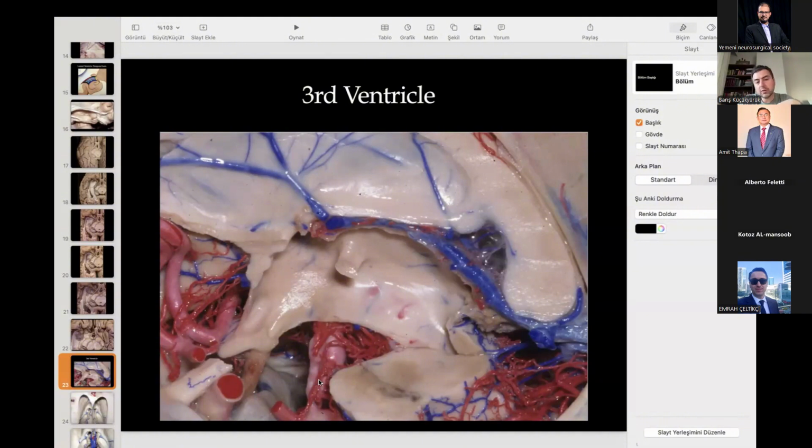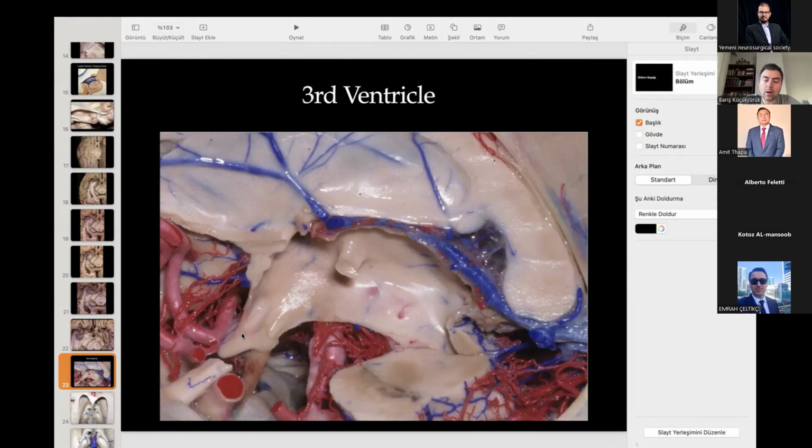So there are several structures forming the third ventricle. Let's name them and then look back at the anatomy. This side is the anterior side, this side is the posterior side, this is superior, and this is inferior. The optic nerve forms the optic chiasm just at the anterior margin of the third ventricle, and it forms two recesses here, one above the optic chiasm and one below.